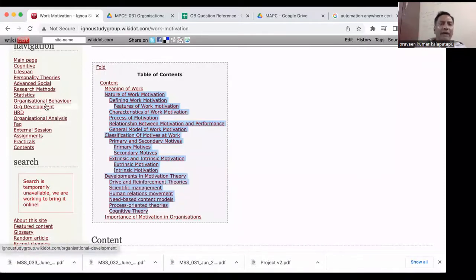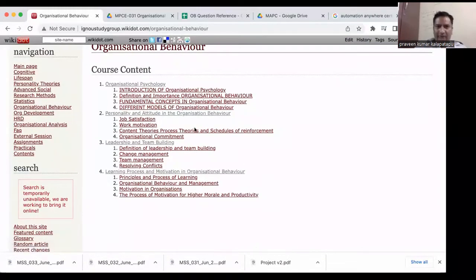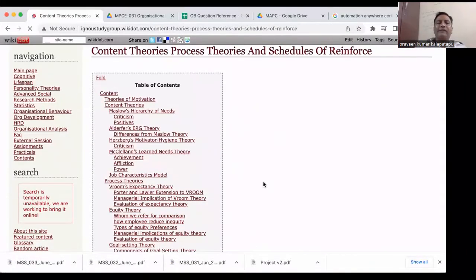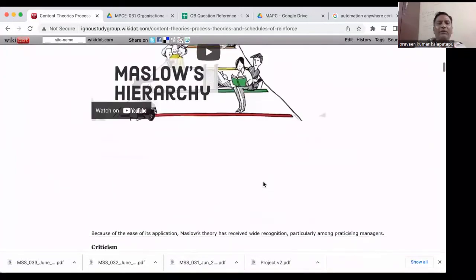Now we are going into the theories themselves. First we are going to go through content theory. As I said, content theory mainly concentrates on what exactly the needs are, what the factors of motivation are.